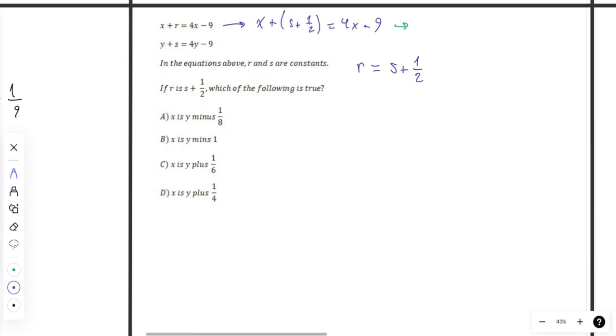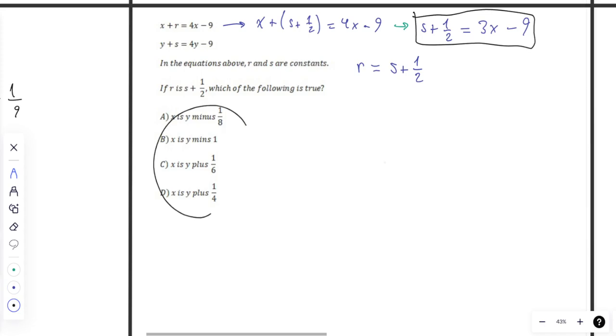I guess we could subtract x on both sides and add 9. Let me just do one step at a time. So s plus a half is equal to 3x minus 9. We got to this point.